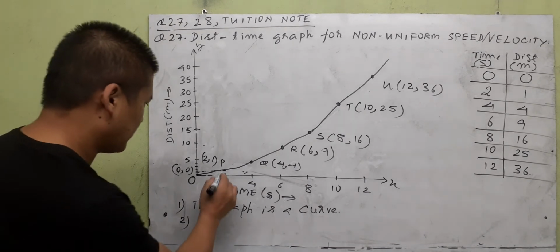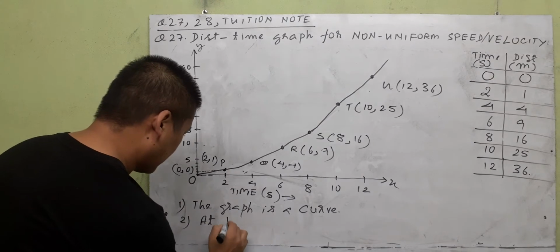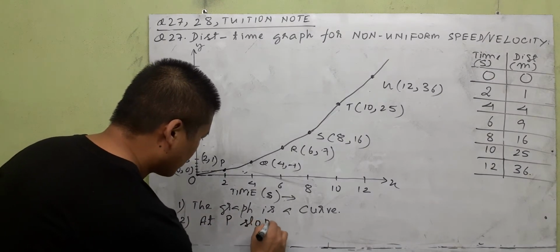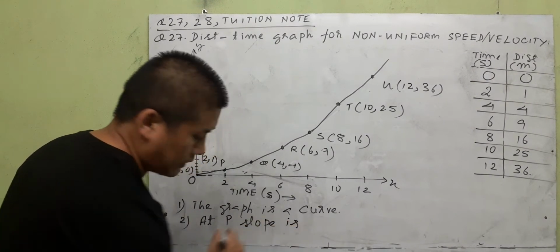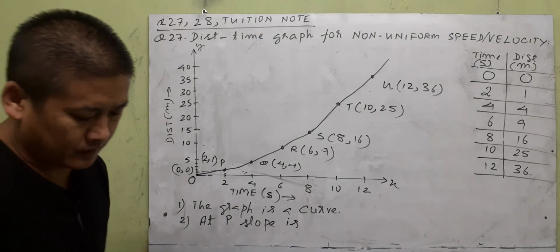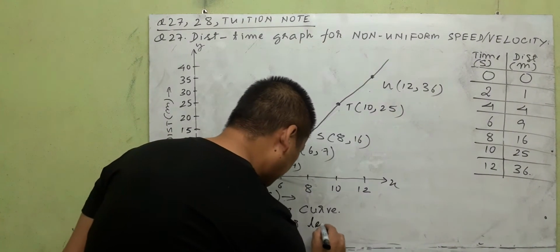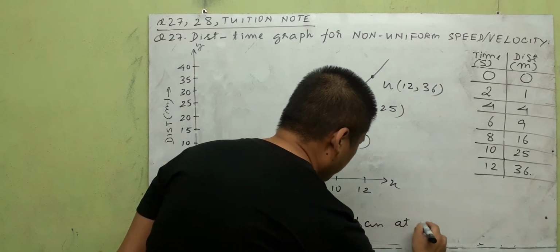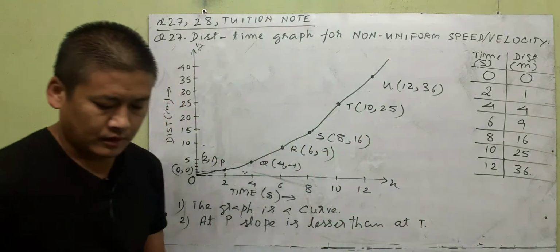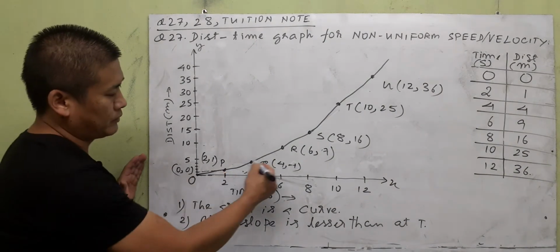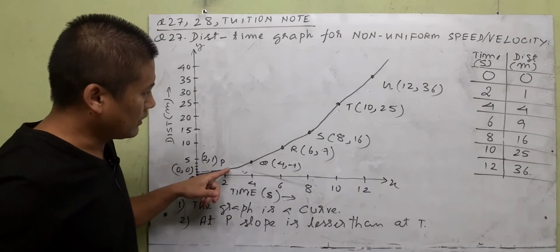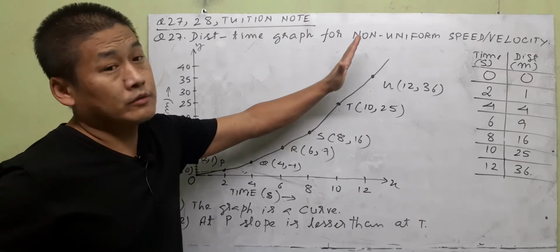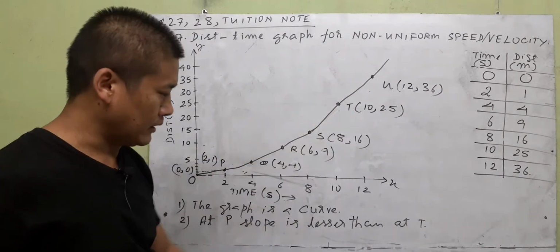at this point P here, the slope is lesser than at the point T. You will agree here, this slope, the mountain slope here, is just a gentle slope at P, but at T it is very steep, right?